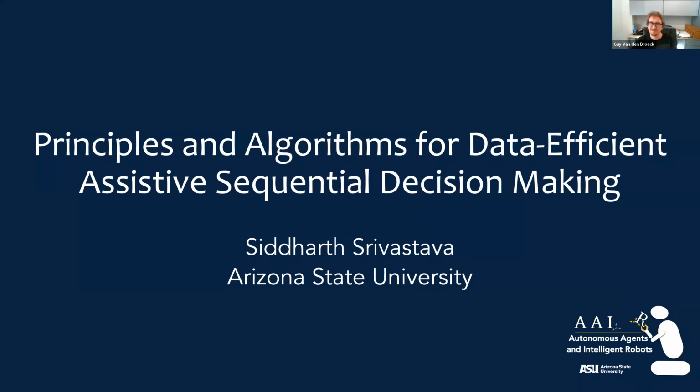So it's my pleasure to introduce Siddharth Srivastava. He's currently an assistant professor at Arizona State, previously a postdoc at Berkeley, I believe with Stuart Russell, PhD from UMass Amherst, right? Got that correct. He works on planning, reasoning under uncertainty, and how to act in a world that is uncertain.